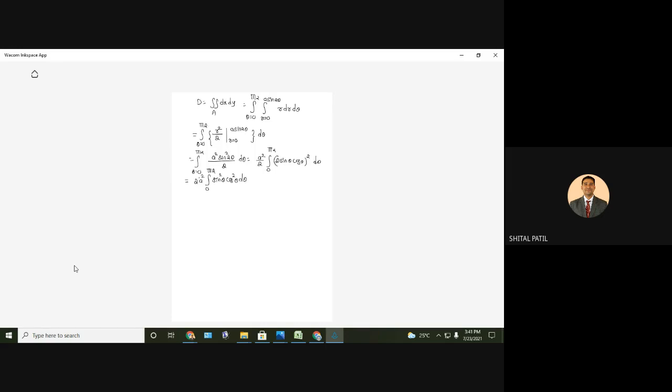So using reduction formula, it is 1 divided by 4, 2 pi by 2. 2 2 will cancel. 8 pi by 8.